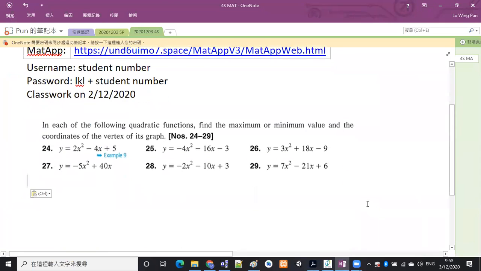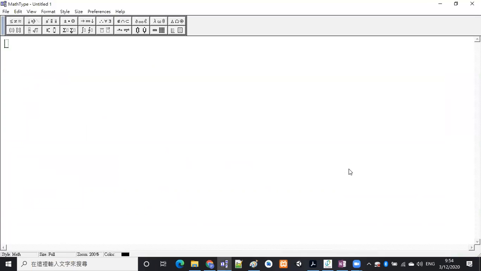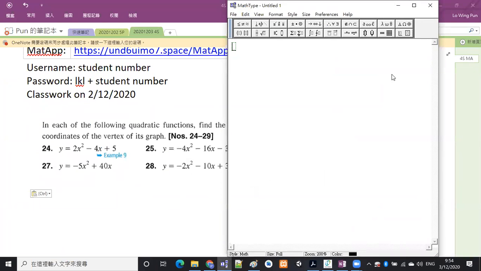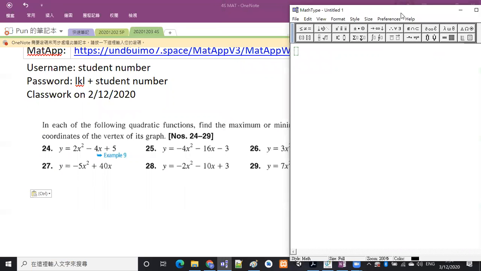So in each of the following quadratic functions, find the maximum or minimum value and the coordinates of the vertex of its graph. Okay, so we are going to find maximum, minimum value and the vertex. So we will change the function from this so-called ABC form to be the AHK form.